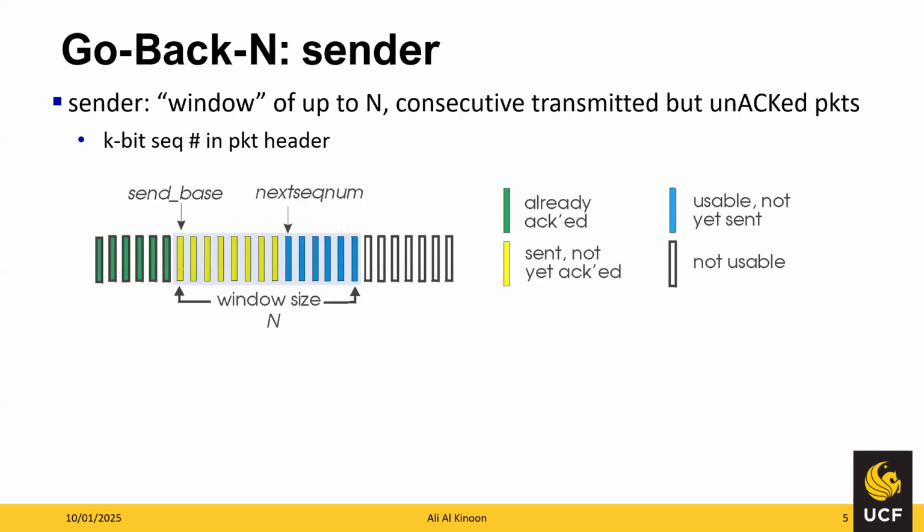That means the packet has been sent and has gotten an acknowledgement from the receiver. The yellow is in flight: it has been sent but has not been acknowledged. Usable is not yet sent, because as we get an acknowledgement for yellow, the window moves to the next packet, N+1. And not usable means packets that have not yet been sent or even acknowledged.